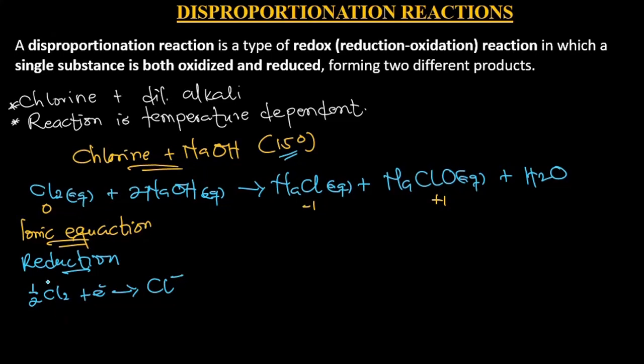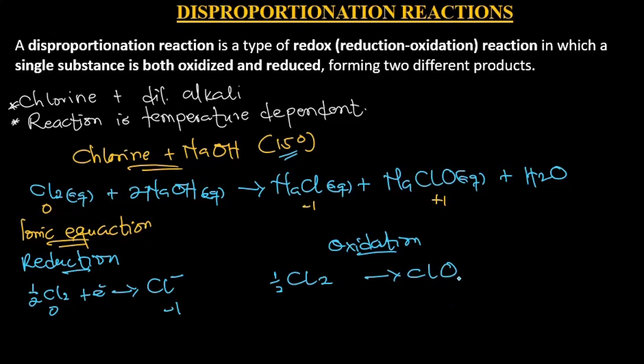In that case, the oxidation state over here will be 0, and over here we have -1. Now at the oxidation half, we have chlorine again, Cl2, forming ClO. So in order to balance the chlorine, I'm going to put 1/2 over here, and now we have ClO.